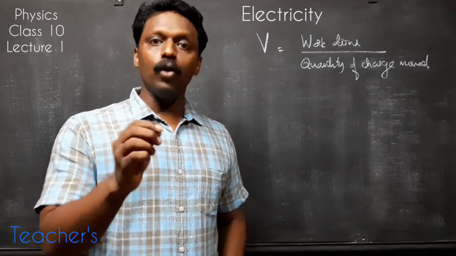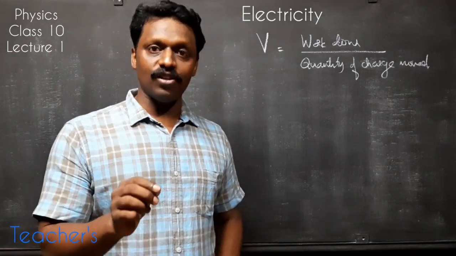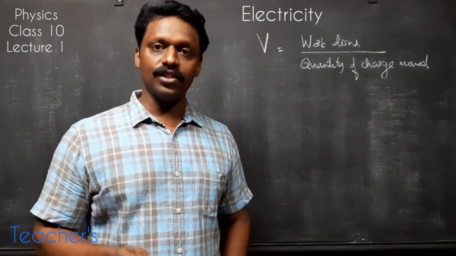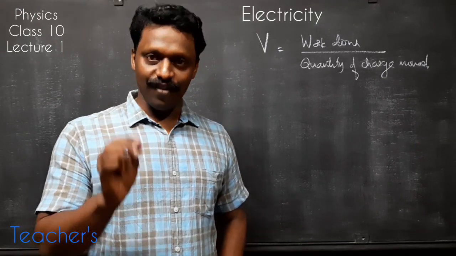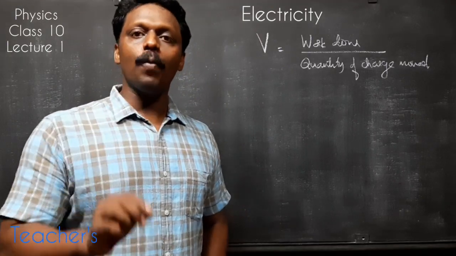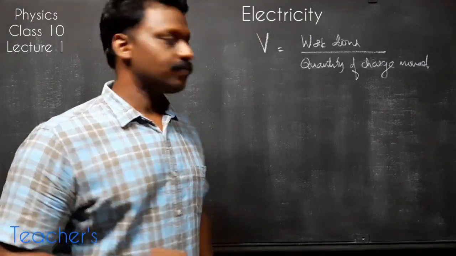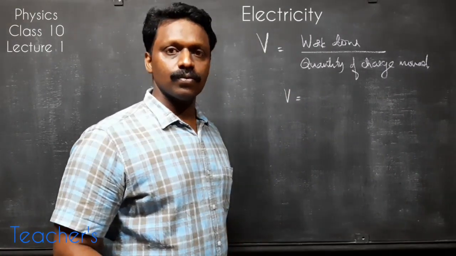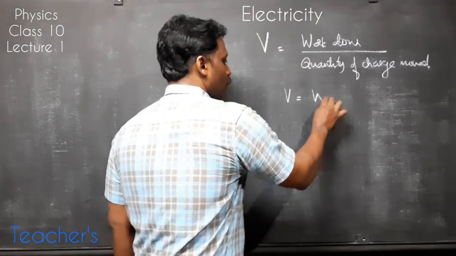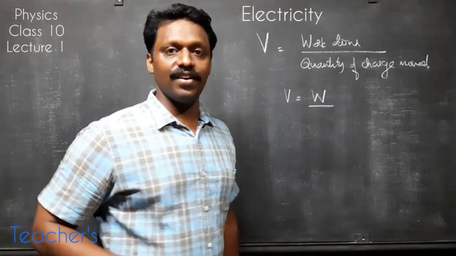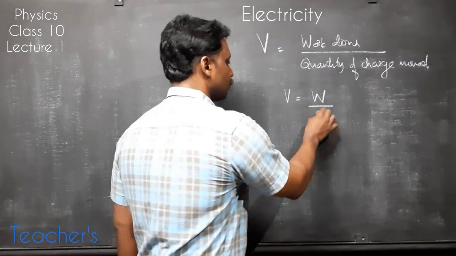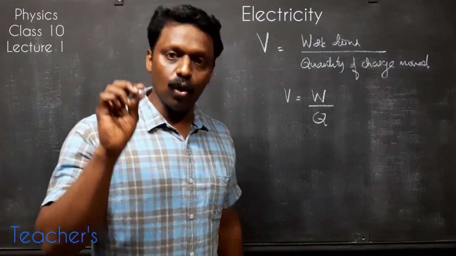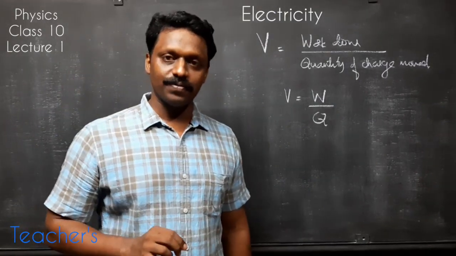If W joules of work has to be done to move Q coulombs of charge from one point to the other point, then the potential difference V between the 2 points is given by the formula V = W/Q, where W is the work done and Q is the quantity of charge moved.